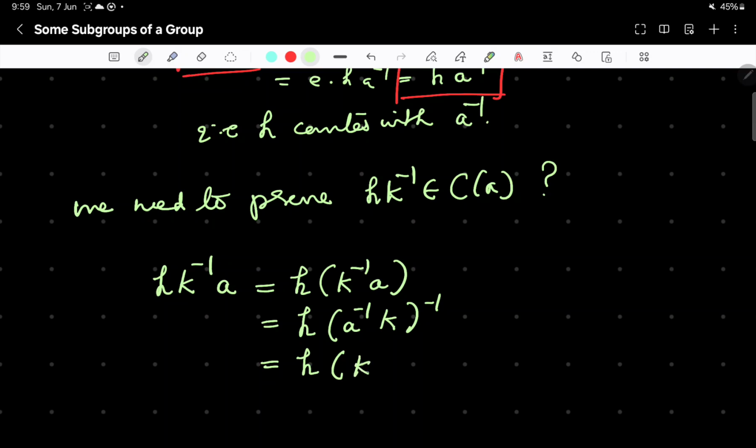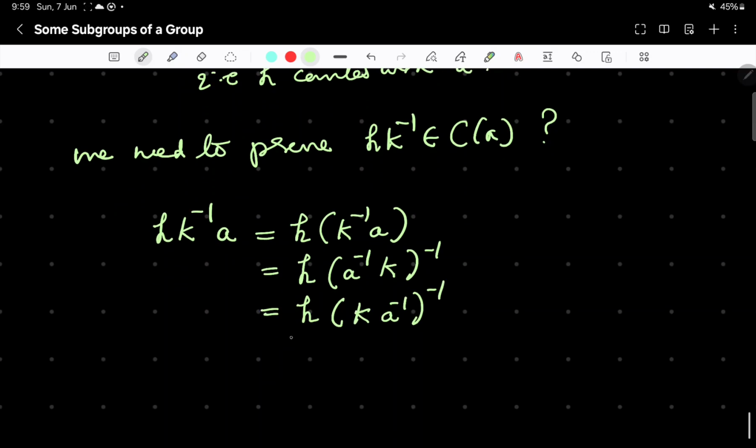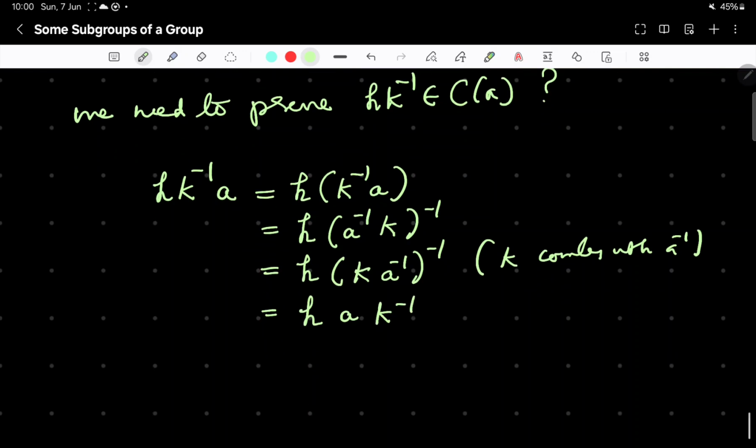So I can write it like that, right? It is because K commutes with A inverse. We just proved it. Now apply the Shoes property, revert it back. What you get is A K inverse, right?